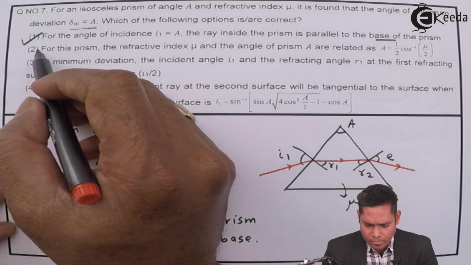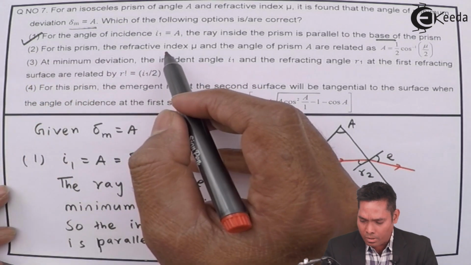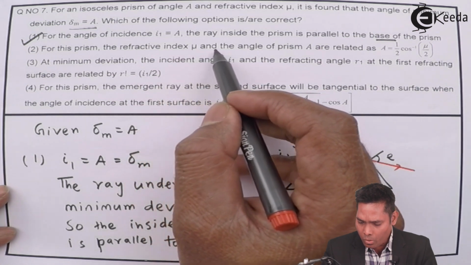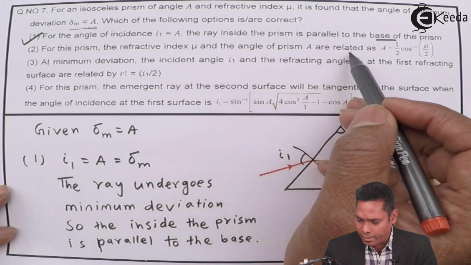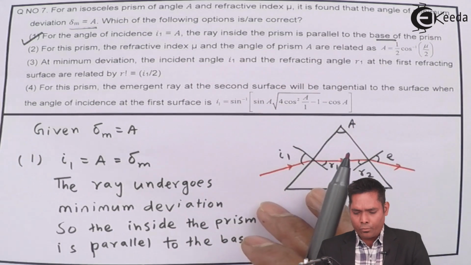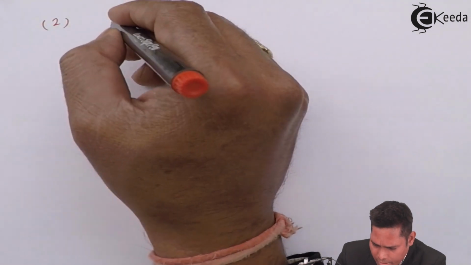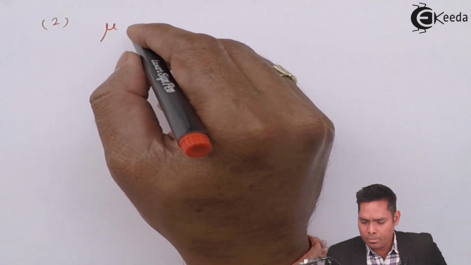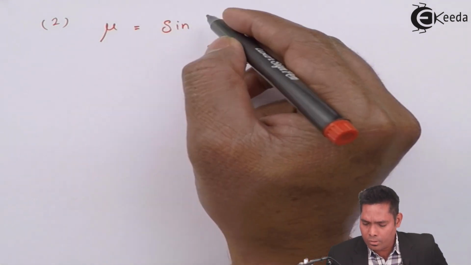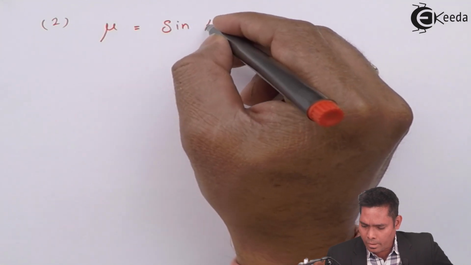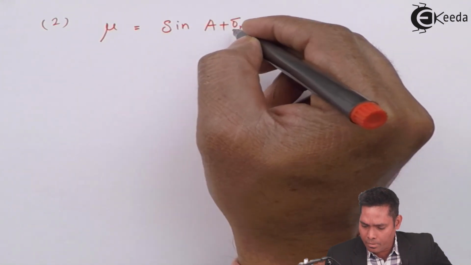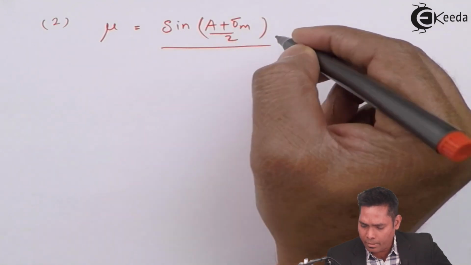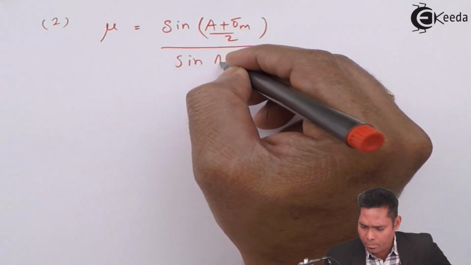What about the next one, that for this prism the refractive index mu and the angle A are related like this. So for option number 2, let us first find it. The prism formula is mu equals sine of (A plus delta m) divided by 2, divided by sine of A by 2.